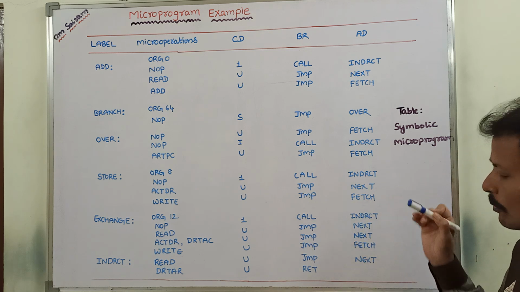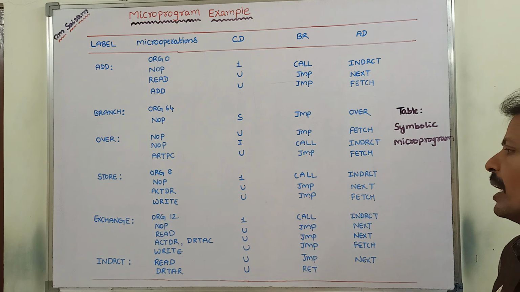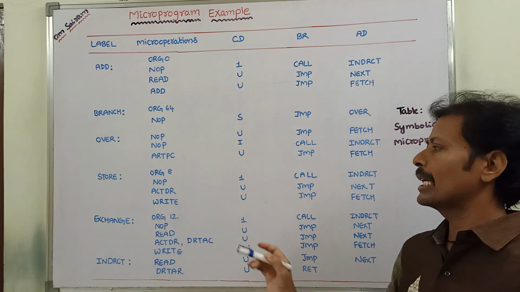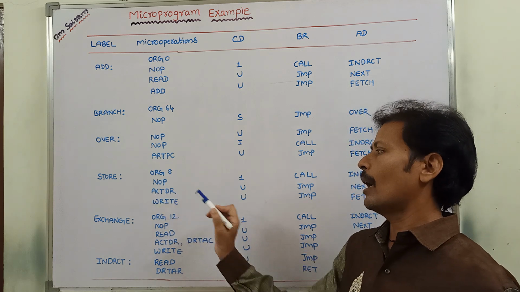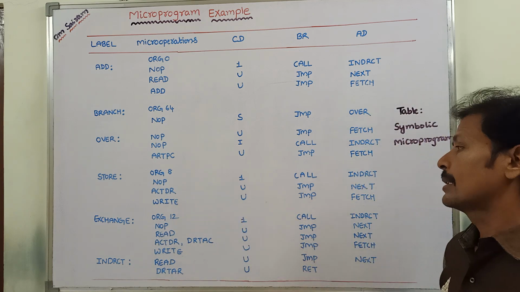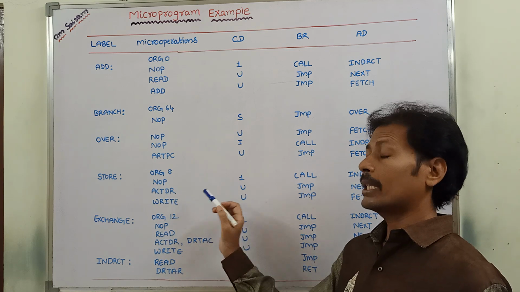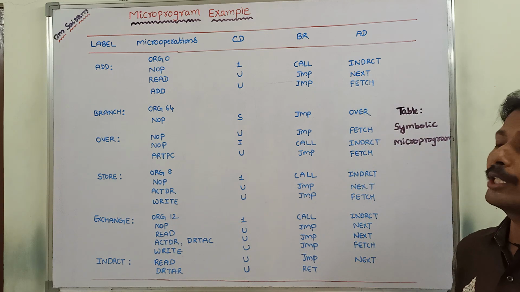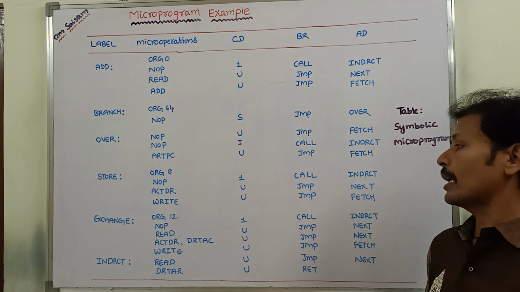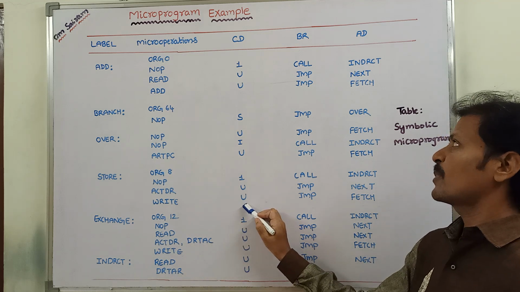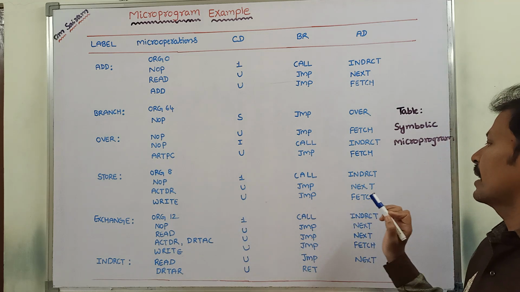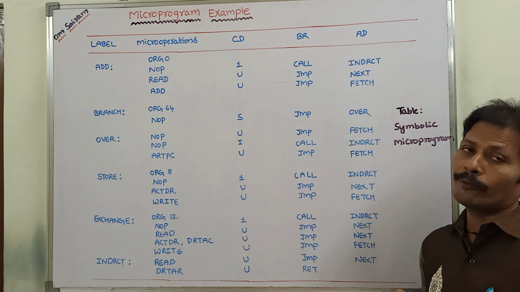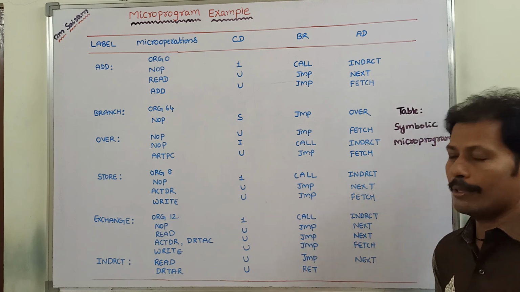Then what is the next instruction to be executed? Finally, whatever content is available in the data register can be written into the memory at a particular address. At that time CD contains U, BR contains jump. Once the write operation is completed, we have to fetch the next micro instruction.